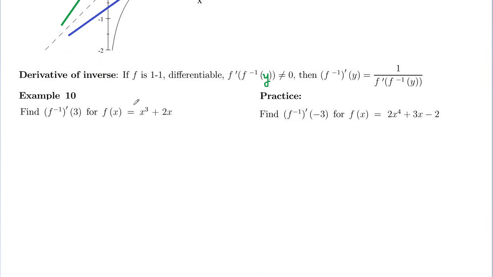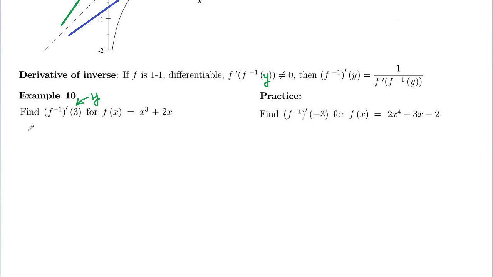Okay, well, let's put this thing to use. So here's an example. We want to find f inverse prime at 3 if f of x is x cubed plus 2x. So that 3, again, is a y value because it's an input for f inverse prime. So inputs for f inverse and f inverse prime are y values, outputs are x values.